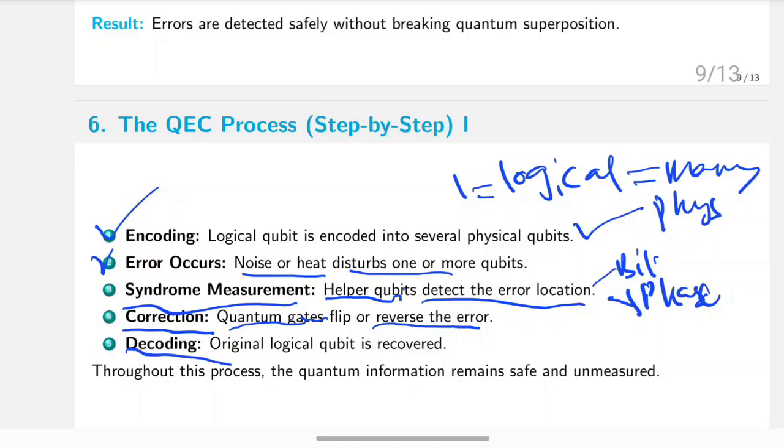Then we decode the original logical qubit, without measuring it. Throughout this process the quantum data remains protected and unmeasured. That you need to remember.